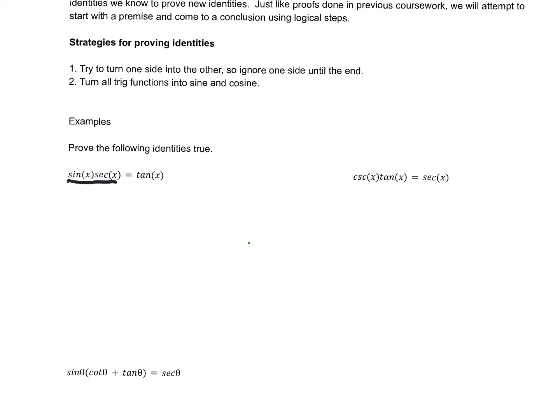And so I'm going to ignore the right side, and I'm going to try to change the left side into the right side. Now, the one big rule I can tell you, in general, is that if you turn everything to sine and cosine, generally things work out a little better. And we can do that because we have a relationship for every trig function to turn it into sine and cosine. Cosecant and secant are reciprocals.